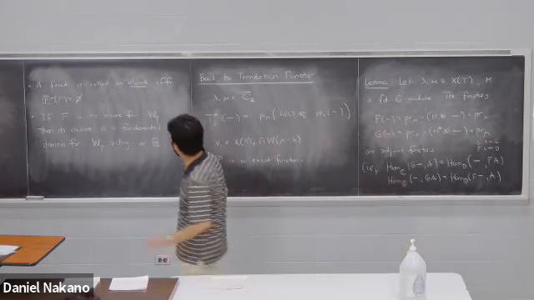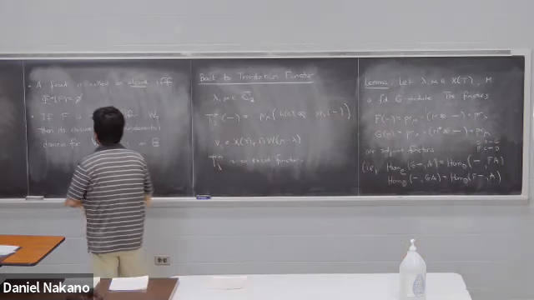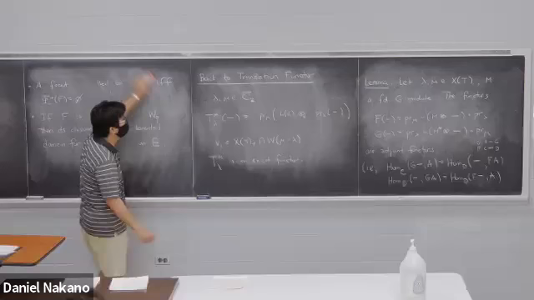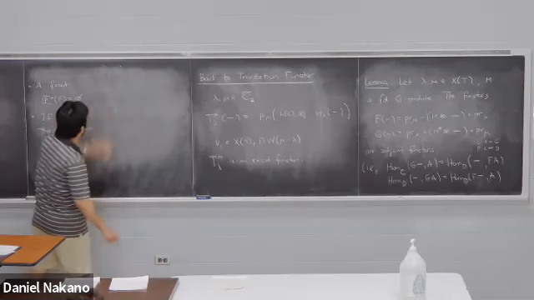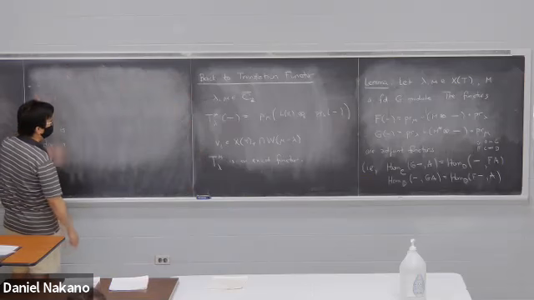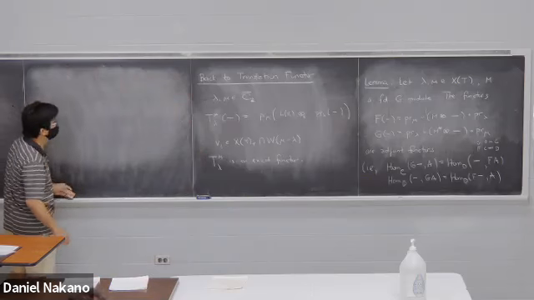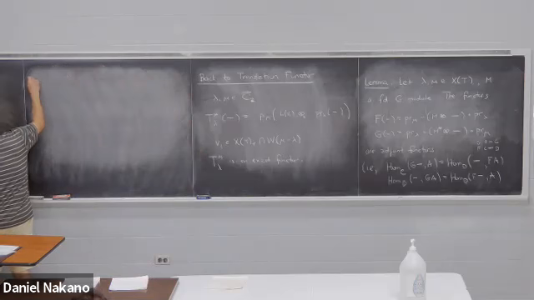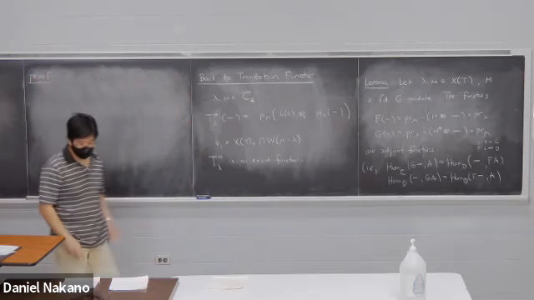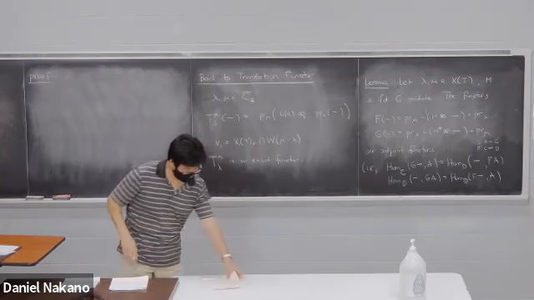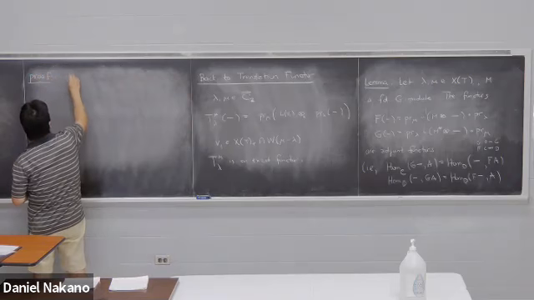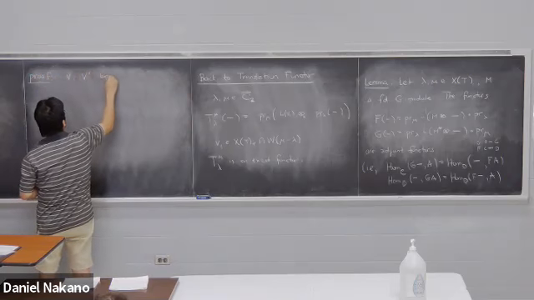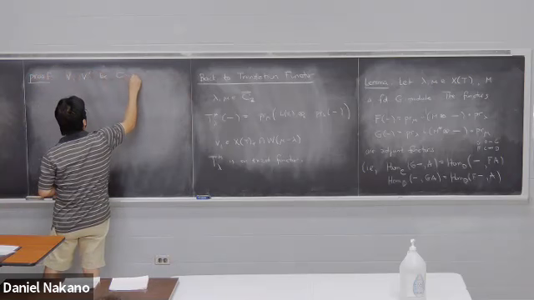So this is just a computation. It's a computation using HOMs, obviously. So let's just prove this. Let's put in actual modules. So let V and V prime be G modules.